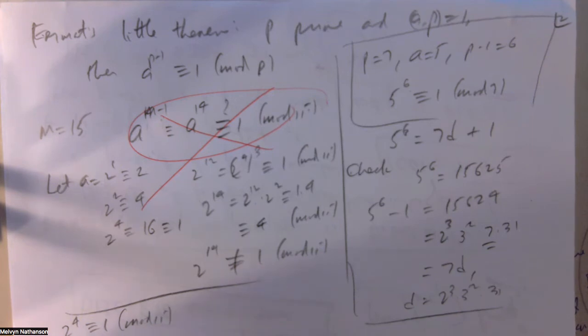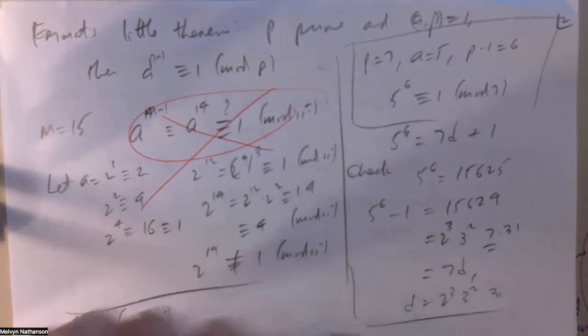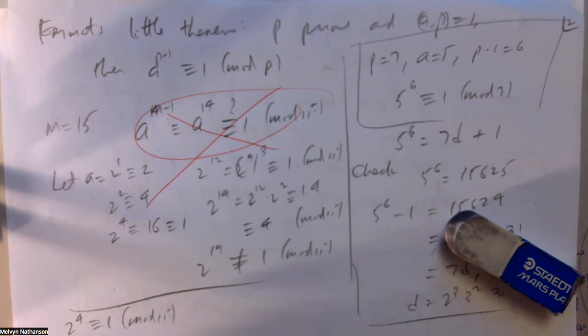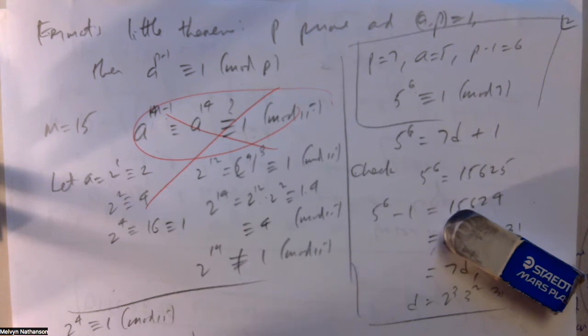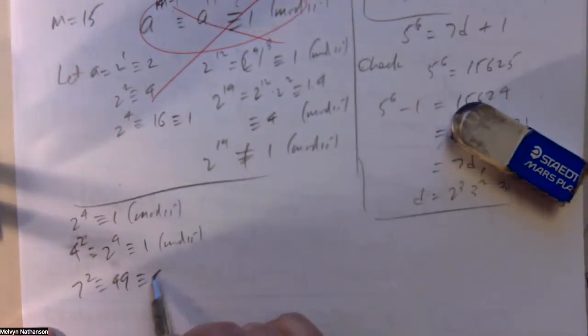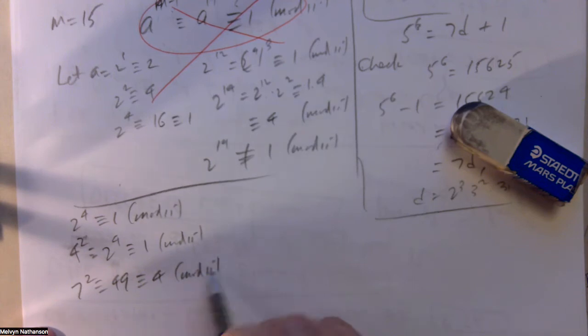We just calculated that. 3 to the fourth, no, 3 is not relatively prime to 15, so we don't want to consider that. 4 squared is the same as 2 to the fourth, which is congruent to 1 mod 15. 7: 7 squared is 49, which is congruent to 4 mod 15.